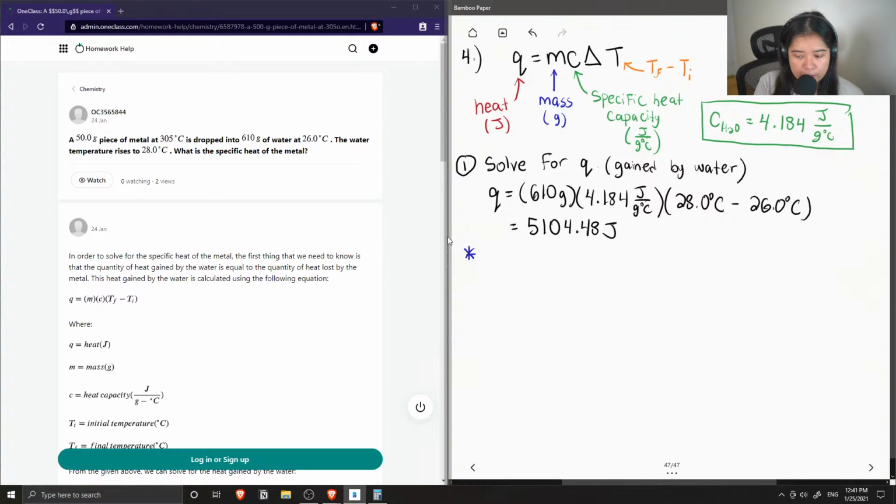And now let's recall that heat is lost by the metal. Because some of the metal's heat was transferred to the water, that means heat was lost by the metal. Therefore, its Q value will be negative.